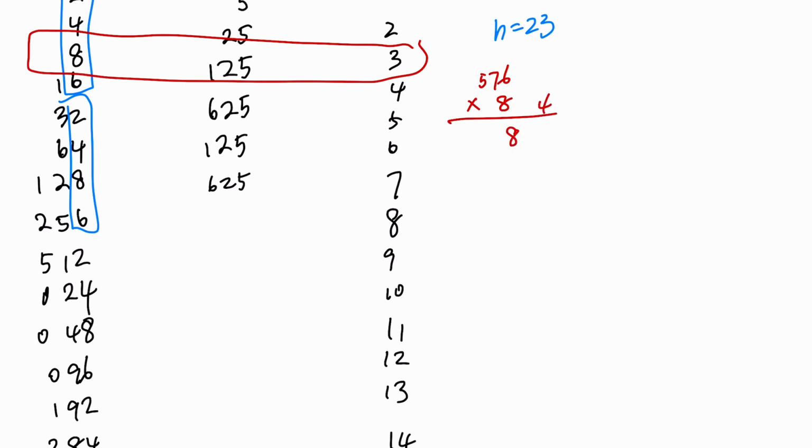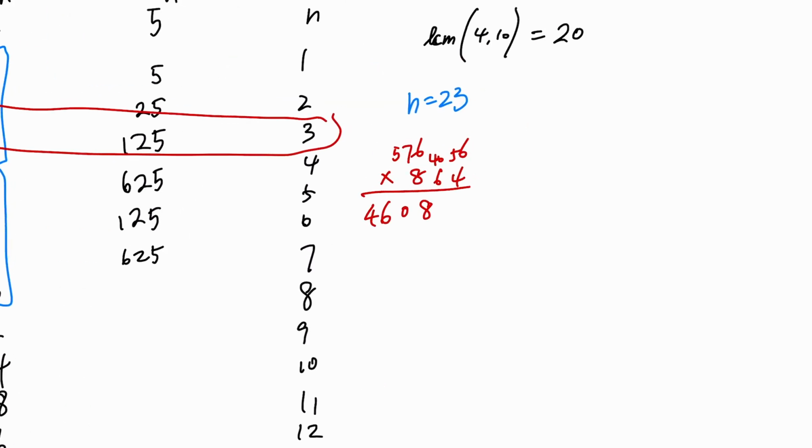That's 48, that is 56, 6, and then 40, so 4,608. So the last 3 digits would be 608.